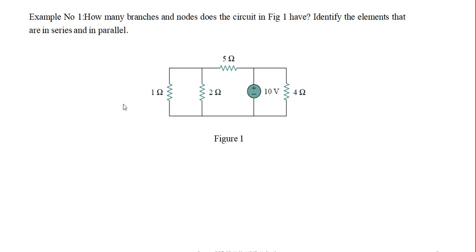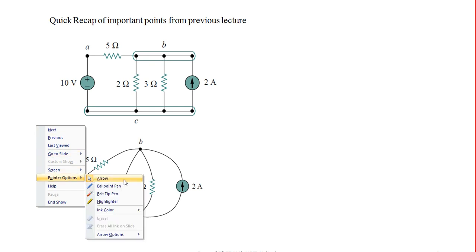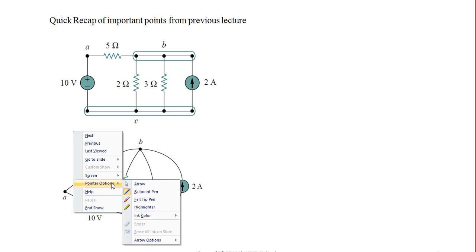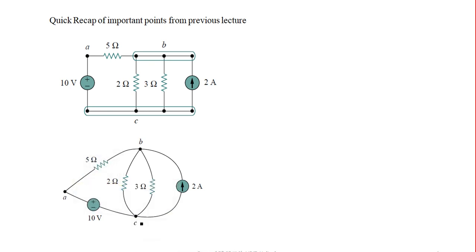So as you can see, I have taken a very general circuit. Here you need to recognize how many loops are possible, how many nodes are possible and how many branches are there.